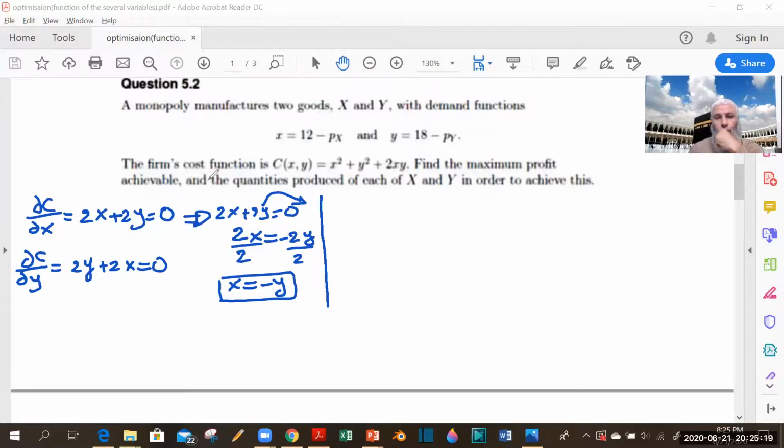Maximum profit available, and the quantities produced of X and Y. I don't know, maybe we can.